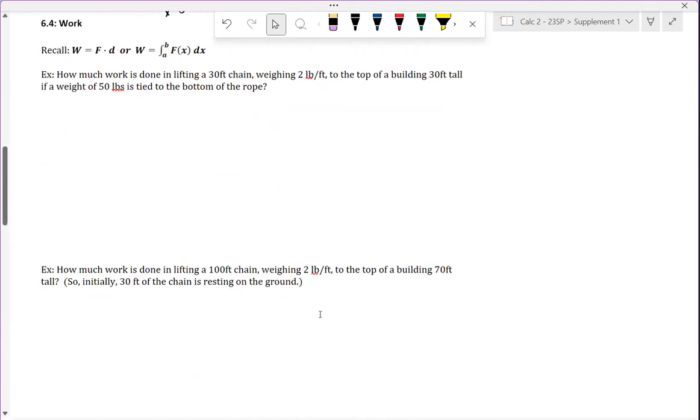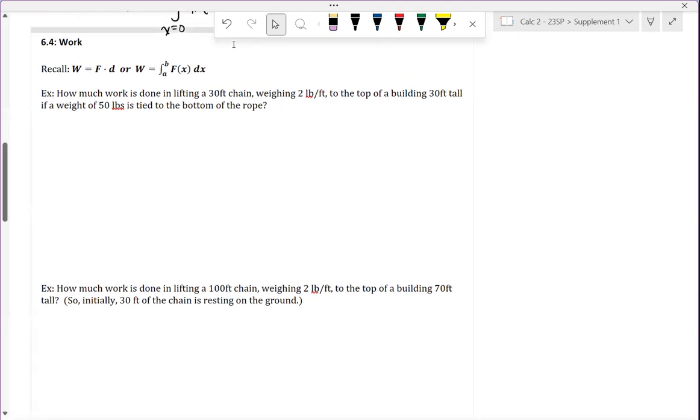Okay, so moving on to a couple of interesting problems on work. We did a fairly straightforward problem in work about just having a rope hanging over the edge of a building and then pulling that rope to the top of the building and seeing how much work was done. We remember that work is the integral of force, or if the force function is constant, it's just the force times distance.